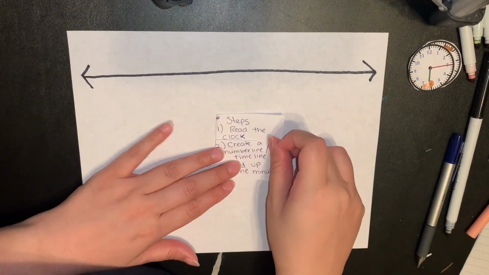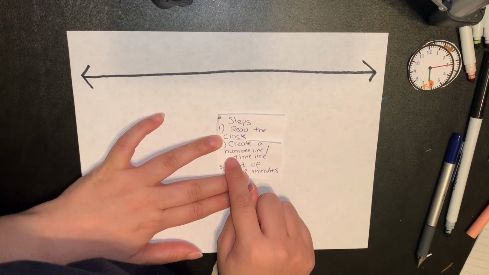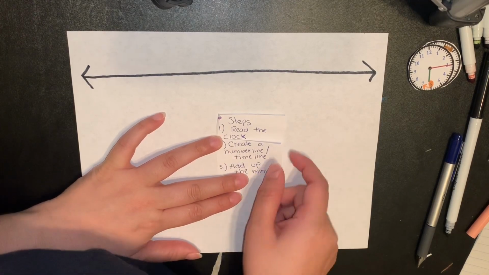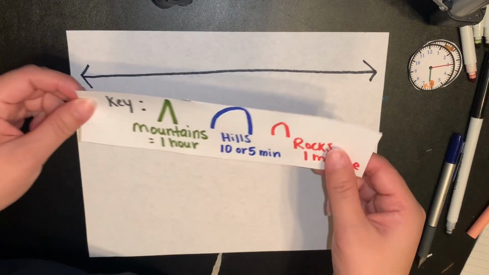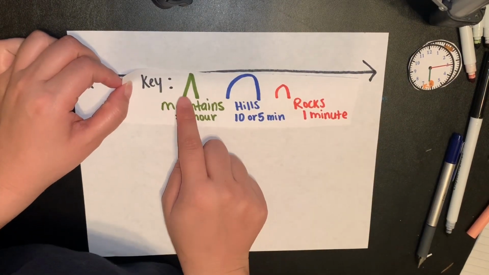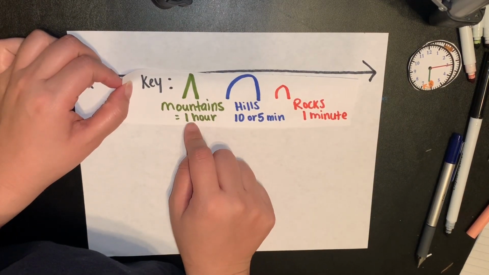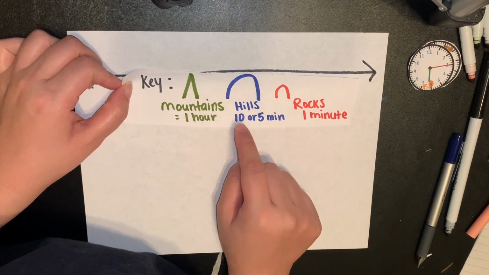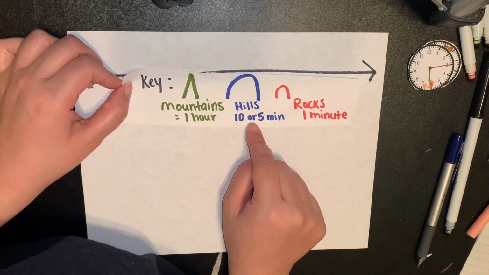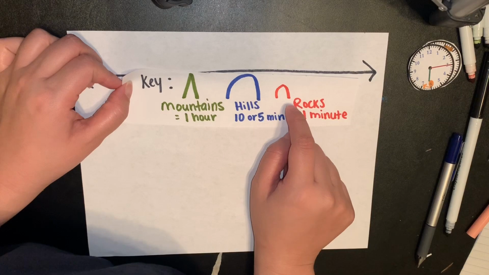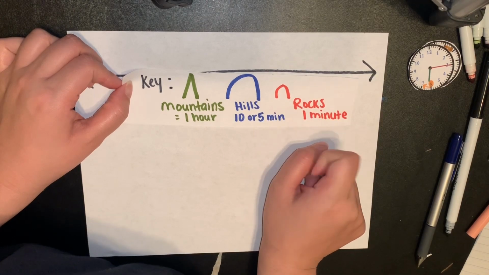Now we're going to go to step 2, which was to create a number line or a timeline. We're going to use the same key. All the mountains are 1 hour. The hills can be 10 or 5, depending on how you label it. And the rocks equal 1 minute.